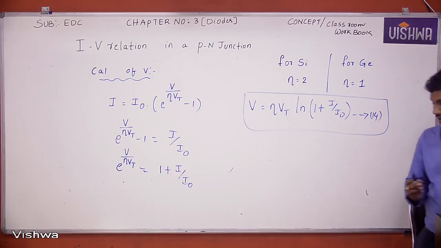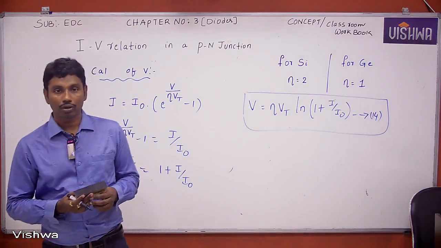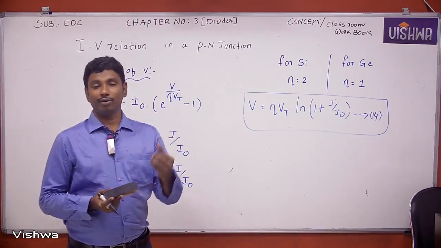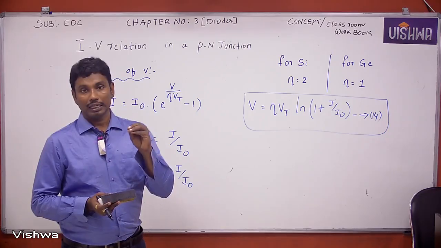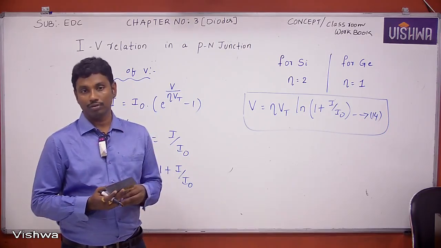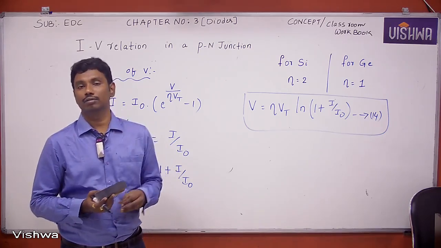Next, write in a note. For forward bias, consider V and I are positive.